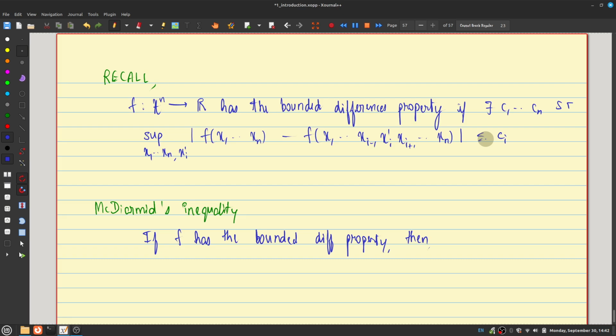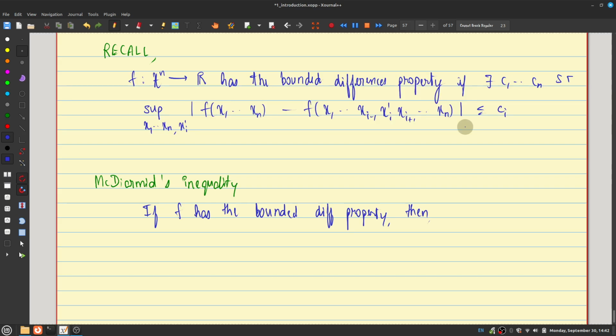So this is when the function has the bounded differences property, and the corresponding constants we'll denote by c1 through cn. We didn't prove it in the concentration inequalities course.